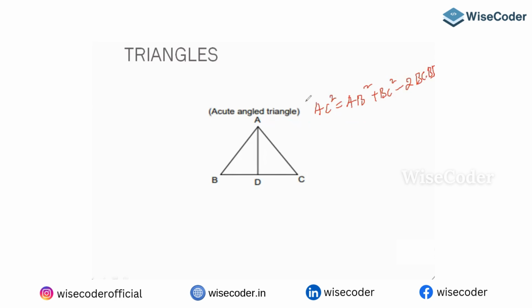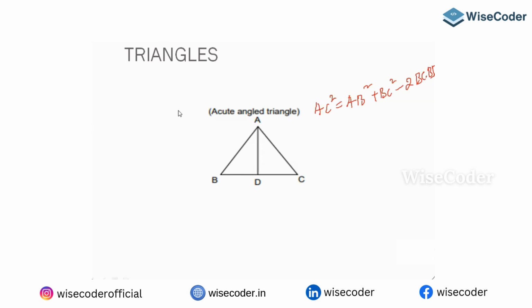Yes, because the square of the side opposite an acute angle is less than the sum of the squares of the other two sides by a quantity equal to twice the product of one of those two sides and the projection of the other on it. So that's AB square plus BC square minus 2 BC into BD. Okay, this is about your acute angle.